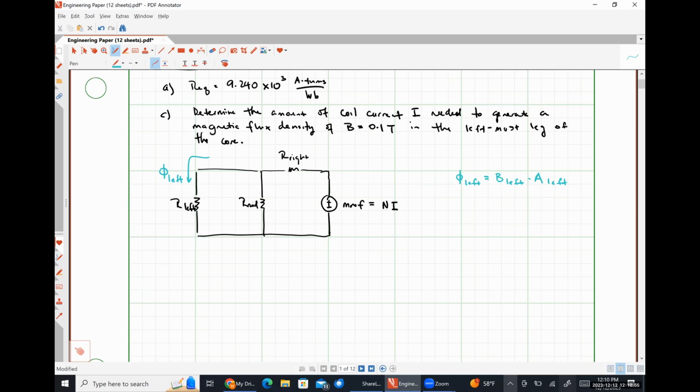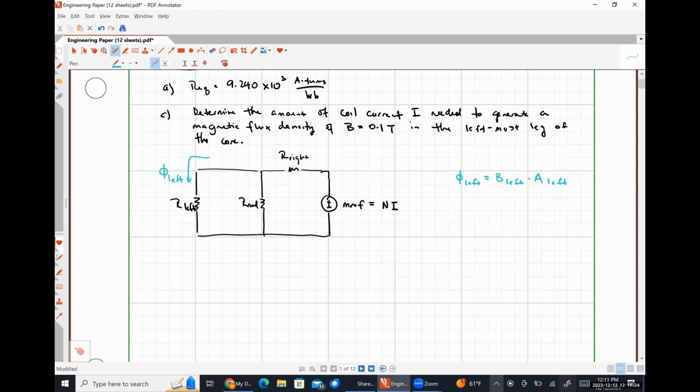And so the question that I've been getting is, how do I use the information that I've been given to find this current I, right? So one of the great things about magnetic circuits is that they behave pretty much identically to electrical circuits. So what I am going to do is use current division backwards, because our flux is playing the role of current in these magnetic circuits.